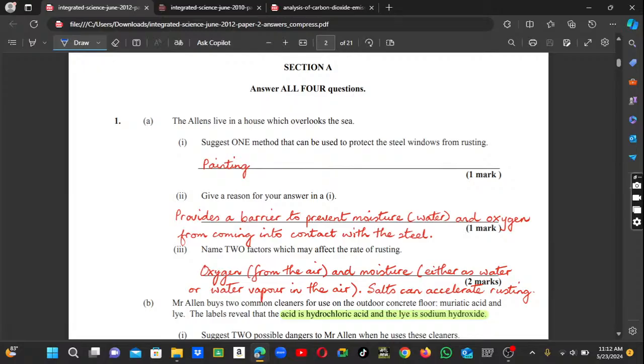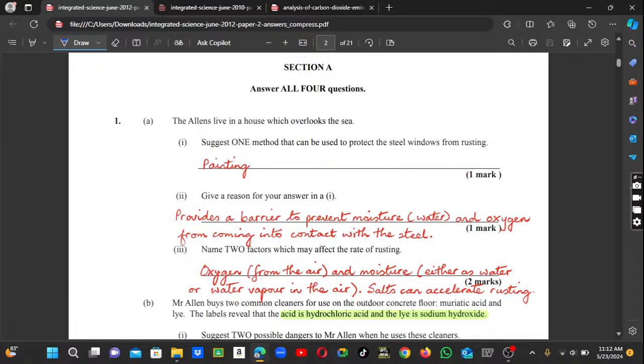If the Allens live near the sea, the seawater would be combining with the steel, so it will cause rusting. To prevent rust, one of the best things we can do is painting.